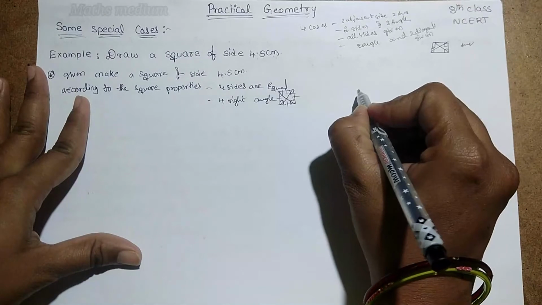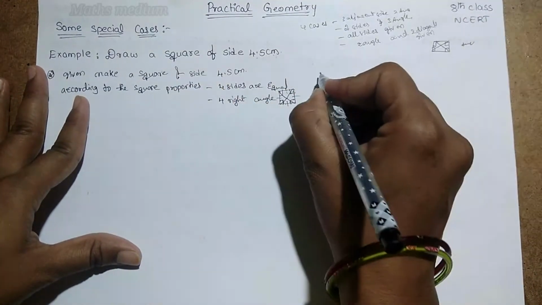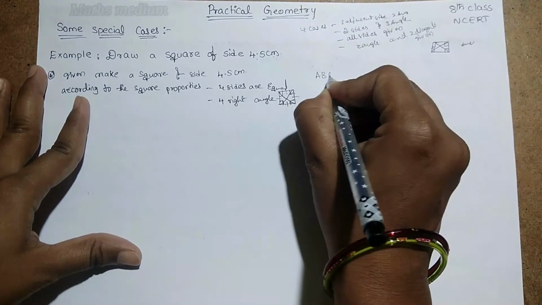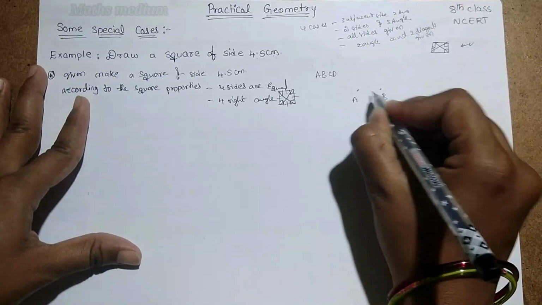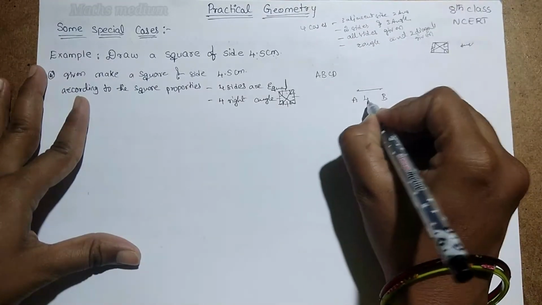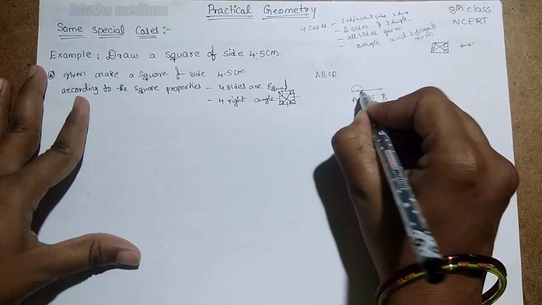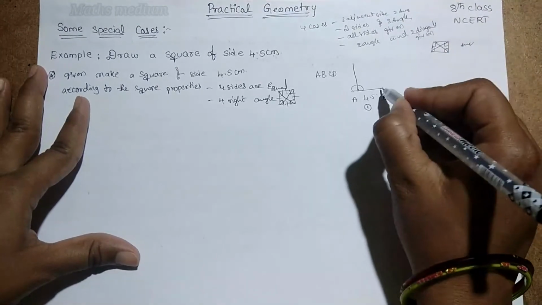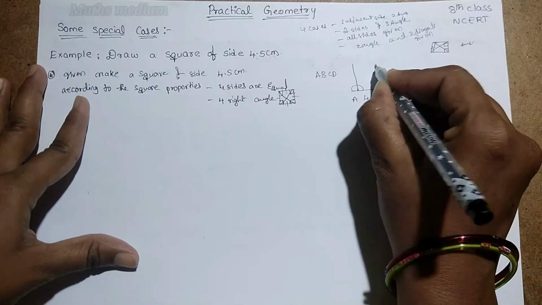Okay, let it be the base. First of all, we have to name it. So let it be square ABCD. So this is A and this is B. This is AB with 4.5 centimeters. This is step 1, and put a protractor at A, make 90 degrees, and similarly put a protractor at B, make 90 degrees.